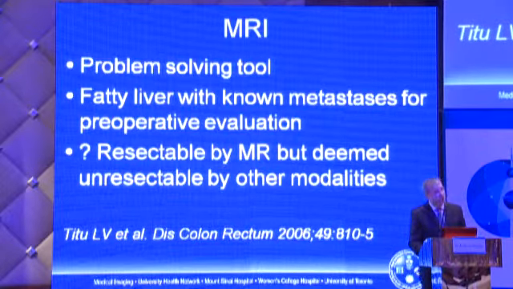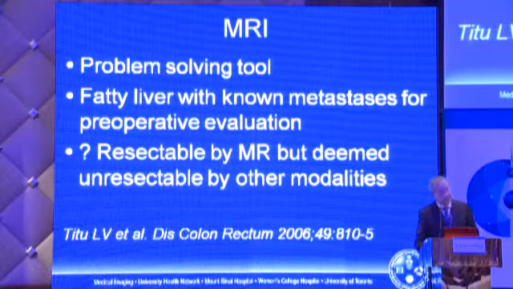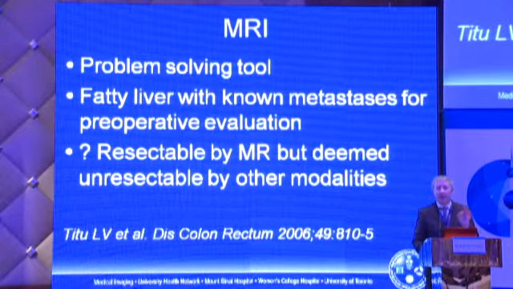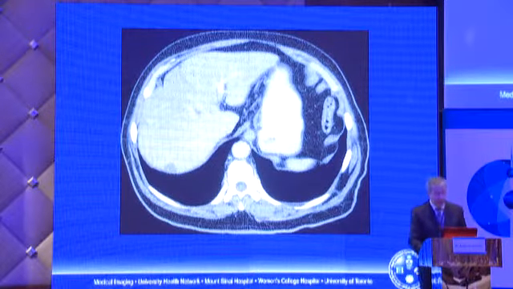And some lesions will be shown to be resectable by MRI when they were considered unresectable by other modalities. That's the increased specificity of MRI with small liver hemangiomas primarily.